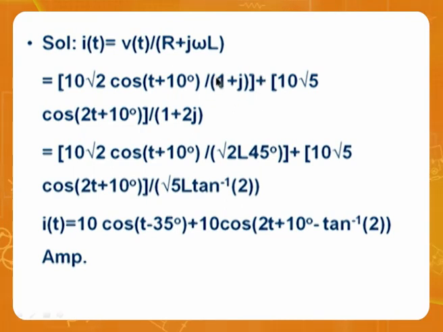Therefore, Z becomes 1 plus j. Similarly, 10√5 cos 2t plus 10 by 1 plus 2j. So look at the angle of the first one. What is the magnitude of this? Root 2, angle 45. What is the angle of the second term?